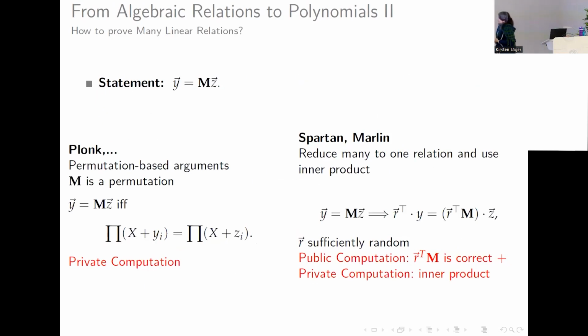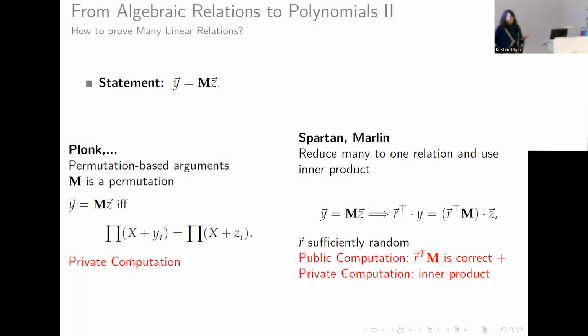So of these two known ways of proving linear relations, for universal SNARKs, which means SNARKs that have a setup that's for every circuit, this Plonk type of approach, which is based on a permutation argument, everything is a private computation, okay? Because when you're showing that these two polynomials are equal, you need to know the y's and the z, and this is the witness of your computation.